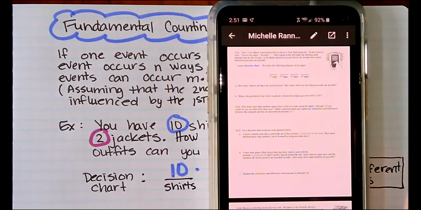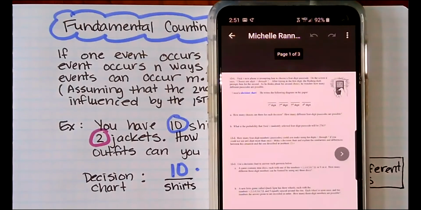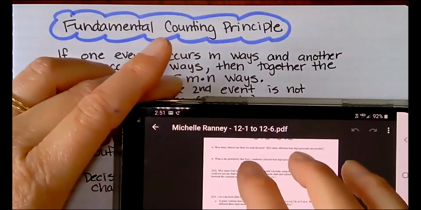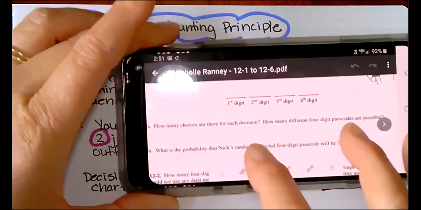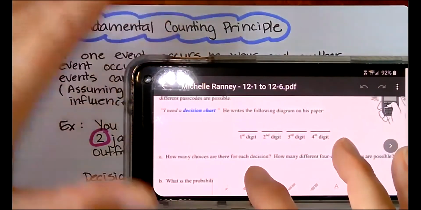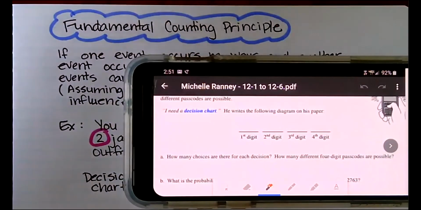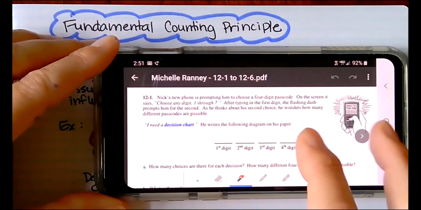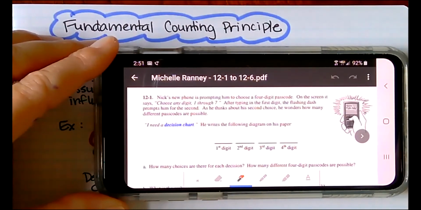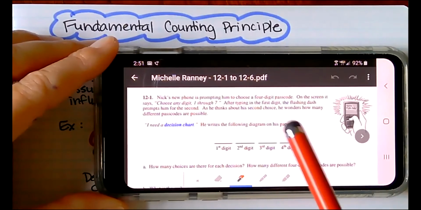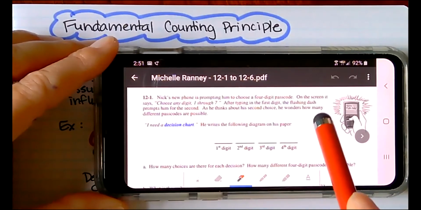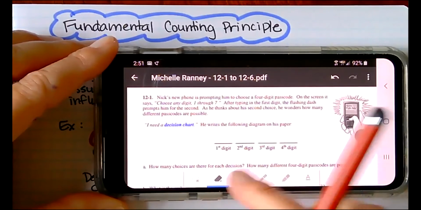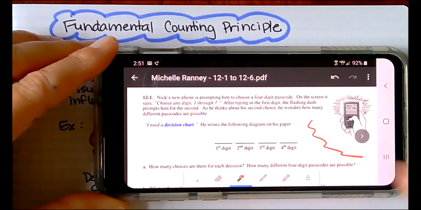And you see the little pencil here at the top that allows you to edit. So I'm going to click on that. I'm just going to turn my phone sideways so we can see it a little better. And we'll go through the first question on my phone, and then we'll do the rest on the worksheet. I'm going to use a stylus to write, but you can also just use your finger. It will also work.